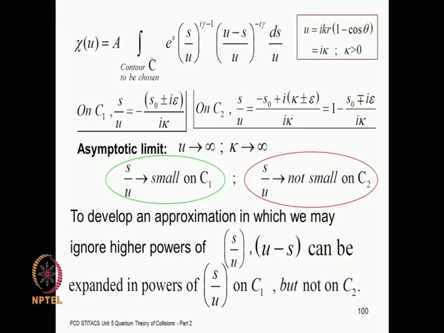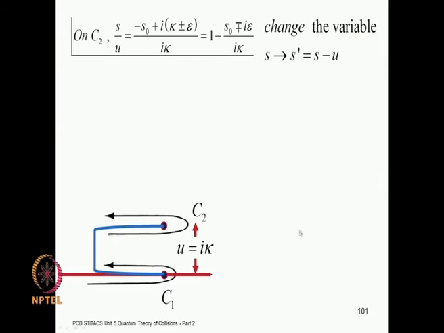So now to develop an approximation in which we can ignore higher powers of s over u, we cannot expand it in terms of s over u and throw those terms away on the curve C2. So that is the point that we have to worry about. So again we use one transformation. The manipulations are very simple, but they are very interesting. So you carry out another transformation, you now change the variable, instead of s you go to s prime, and you define s prime by s minus u.